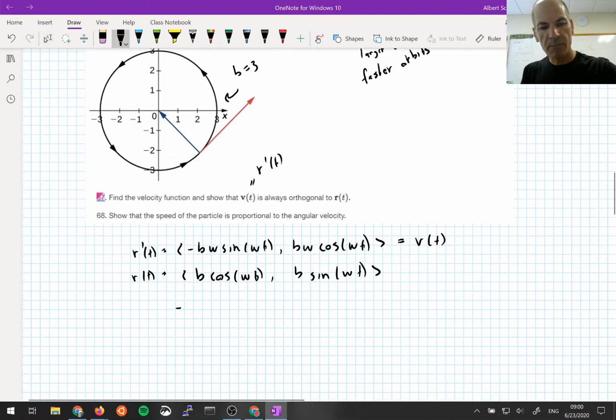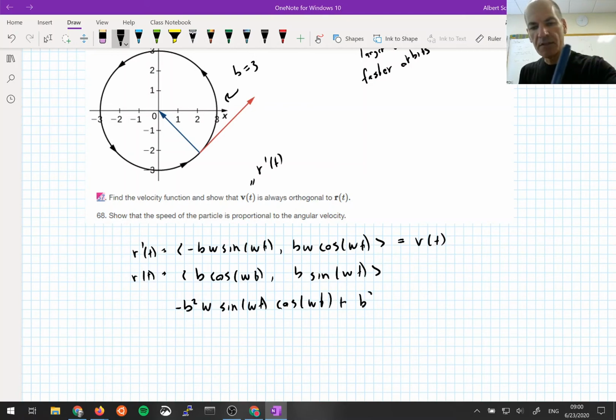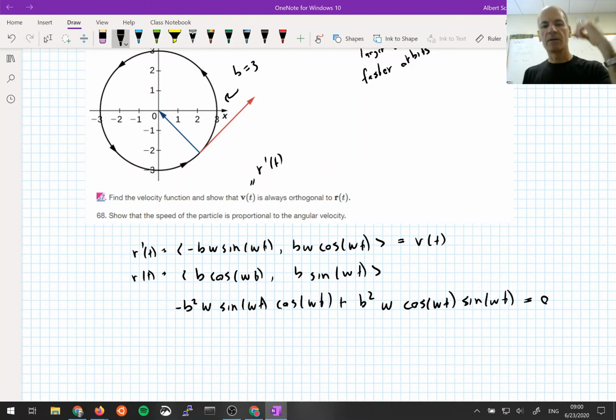We see we have minus b squared omega sine omega t cosine omega t plus b squared omega cosine omega t sine omega t, and that's 0. The dot product is 0.